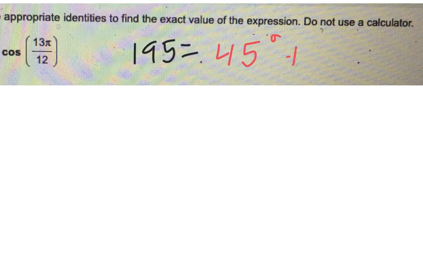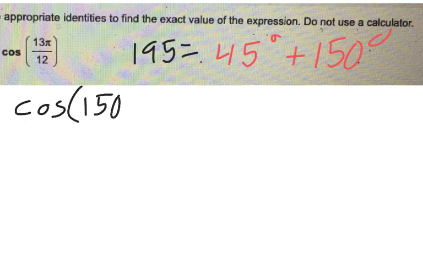So I would do 195 minus 45. That's going to be 45 plus 150. So another way we could write this, cosine of 13 pi over 12 is the same thing as cosine of 150 degrees plus 45 degrees. And now we're going to use our sum and difference identities from here.